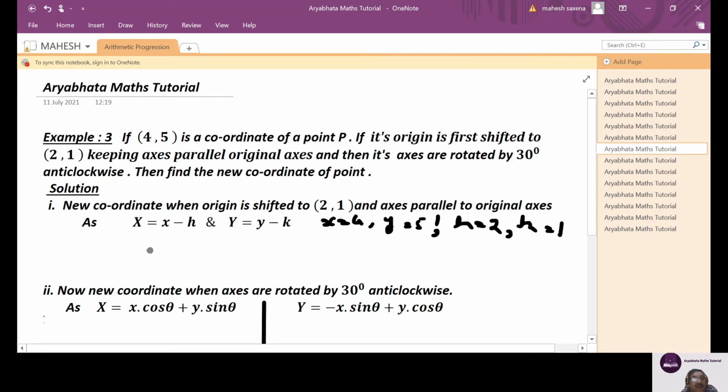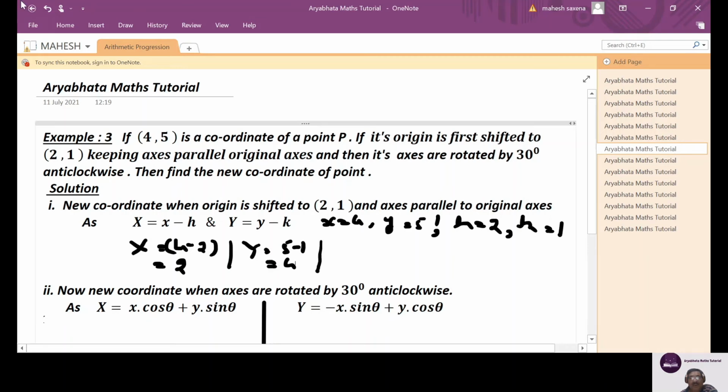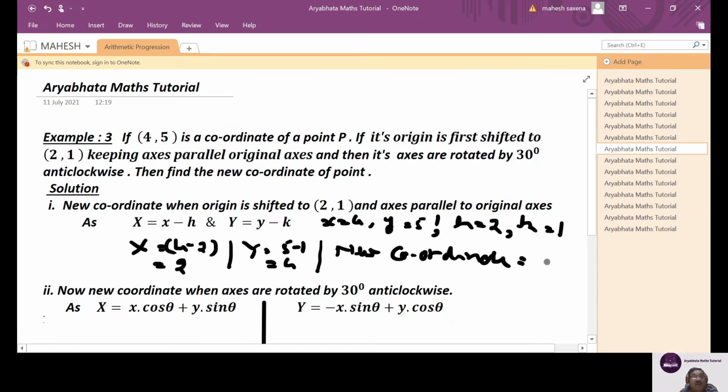Therefore, after shifting the origin, capital X is equal to x minus h, that is 4 minus 2, that is 2, and capital Y is equal to y minus k, that is 5 minus 1, which is equal to 4. Therefore, the new coordinates after shifting the origin to (2, 1) will be (2, 4).